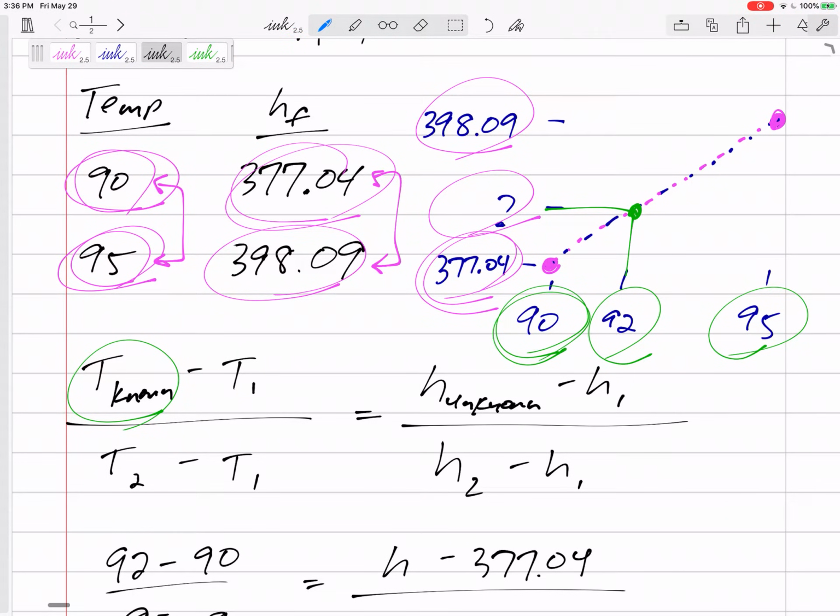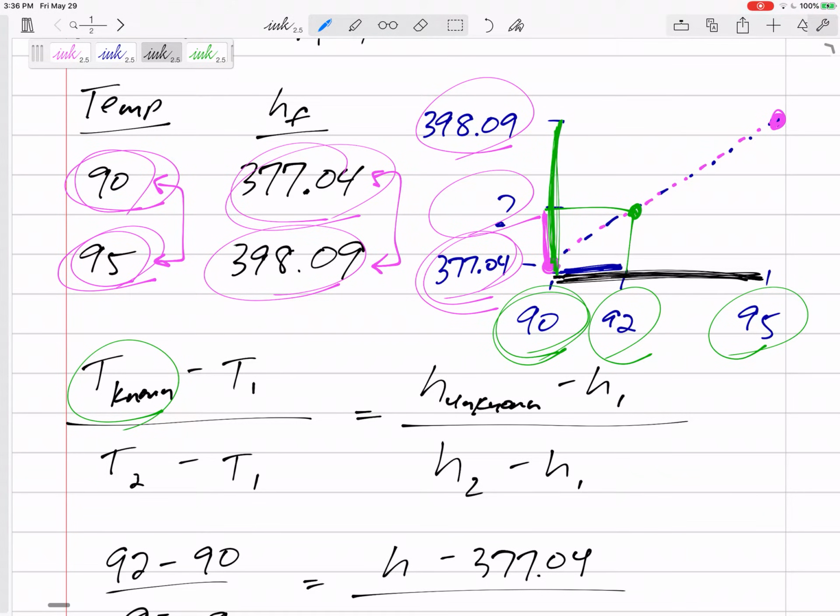I'm saying that this length divided by that length is the same ratio as this length divided by that length. Let me do a different color. That's what interpolation is.